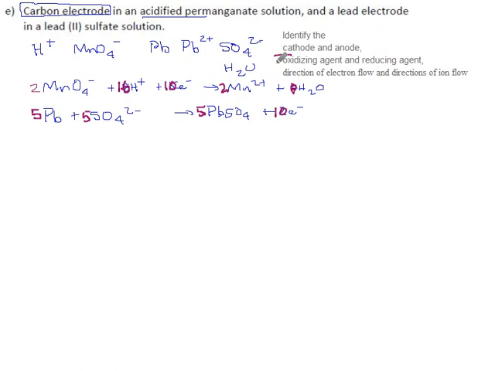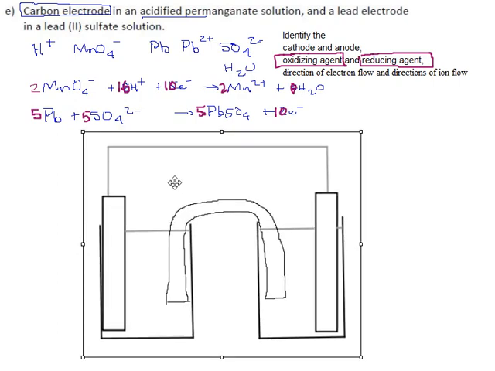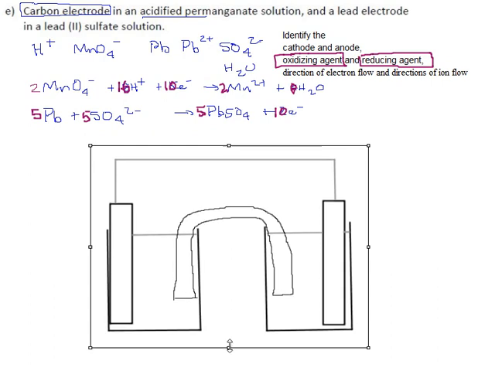That would be the hydrogen ions and the permanganate together. And our reducing agent is the lead and the sulfate, the lead metal and the sulfate. So we've got those identified. Now let's get a cell up here and figure out what this thing's going to look like.